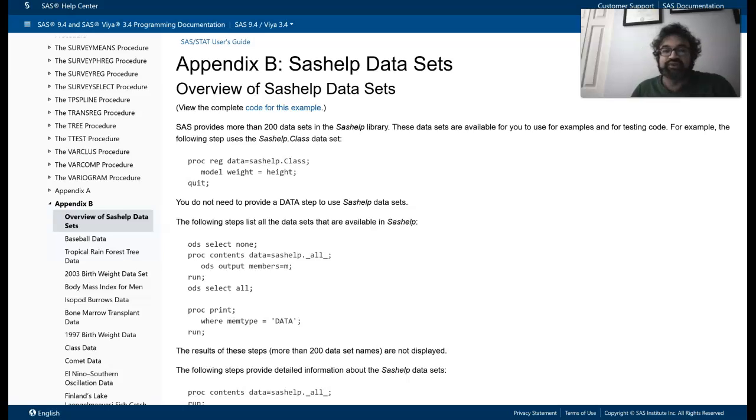But I also wanted to put a quick plug in for this one book, The Little SAS Book, which is a good introductory book. It gives you a lot of good overview, providing tutorials on how to accomplish different things.